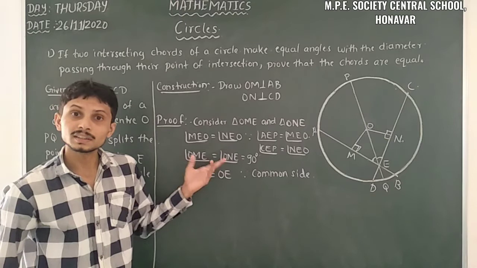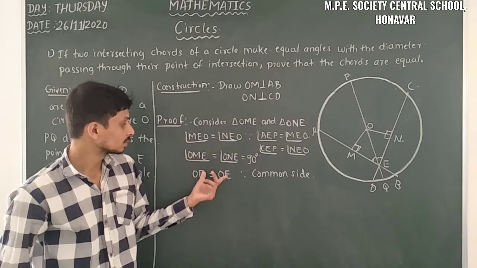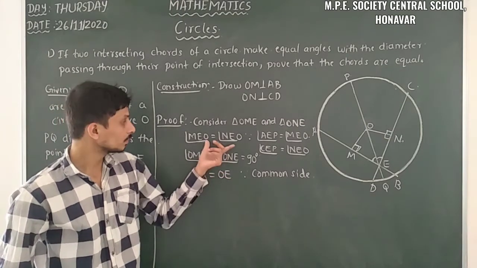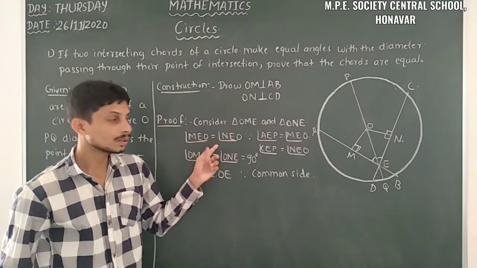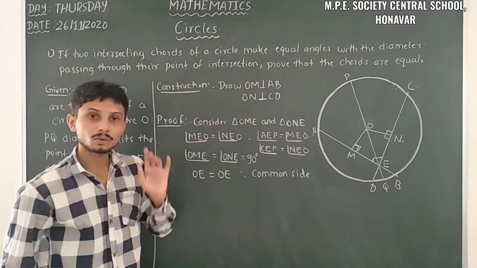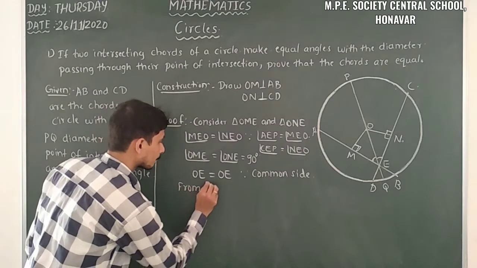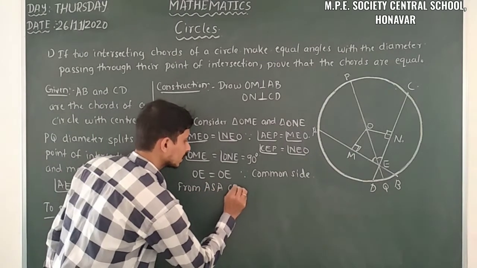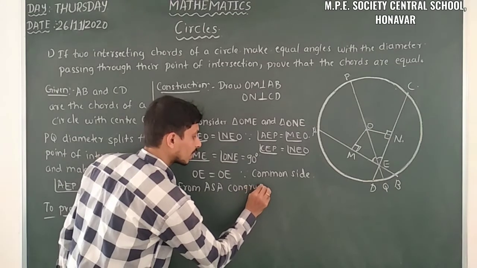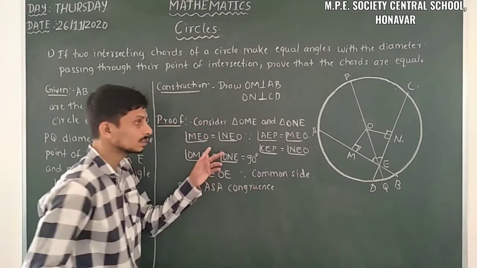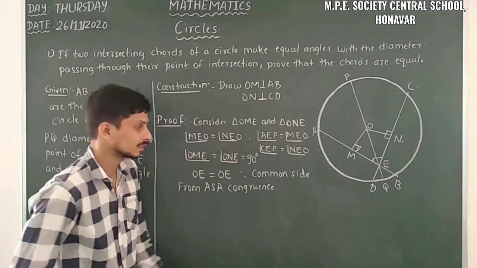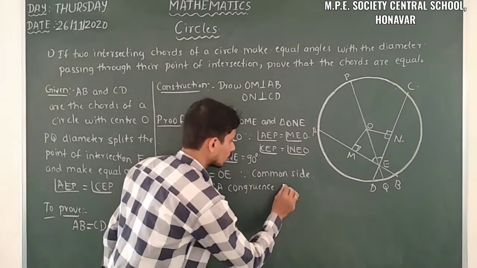But there is no other side here, so RHS congruence is not applied because we want another side. So from the ASA congruence rule.